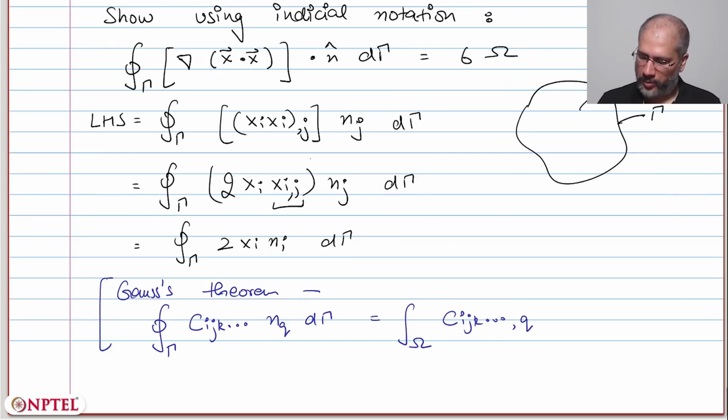You differentiate this quantity with respect to del by del xq times d omega. So if I try to apply this Gauss's theorem here, this quantity C is 2 times xi, and this nq is ni.